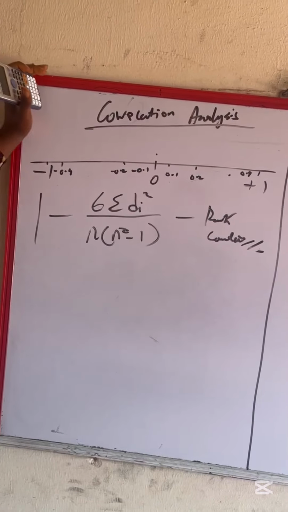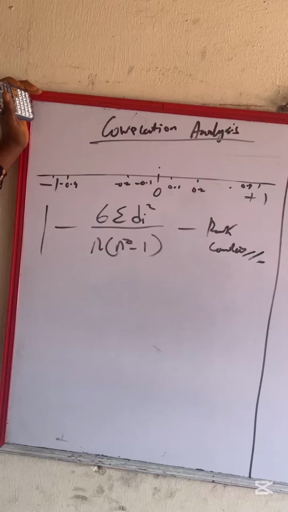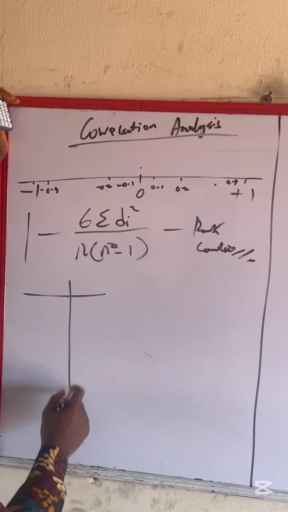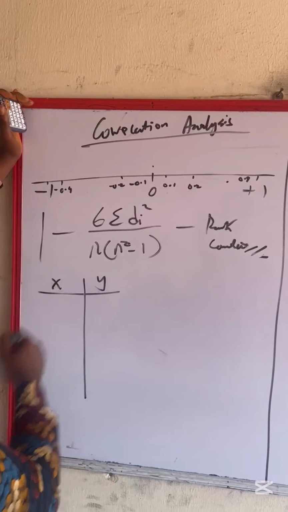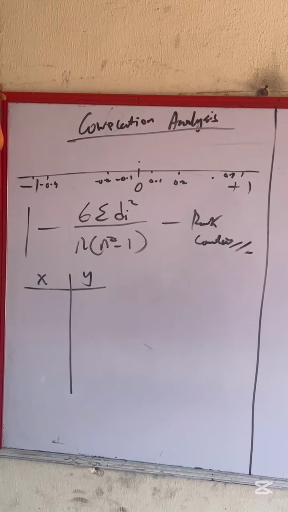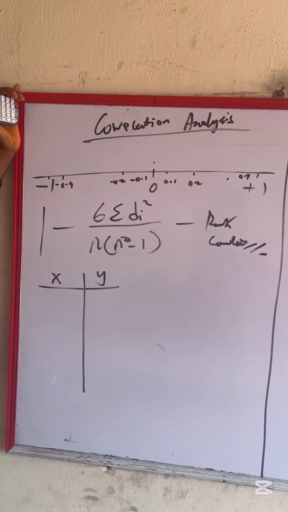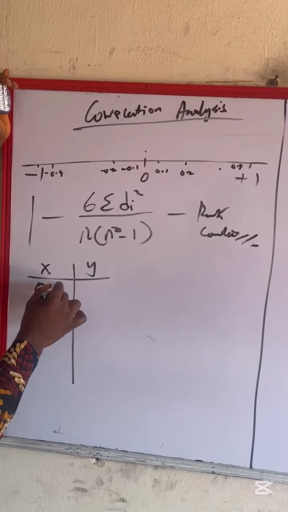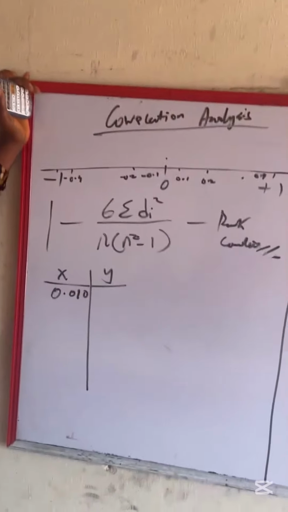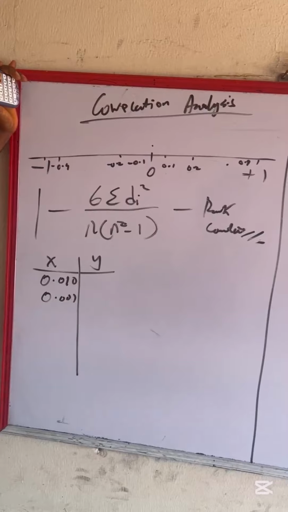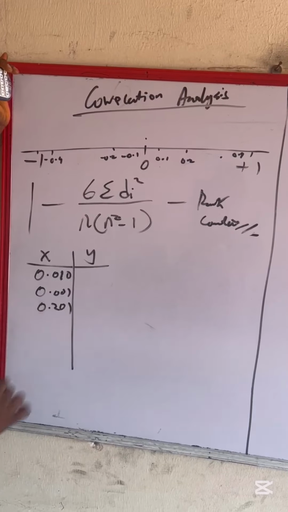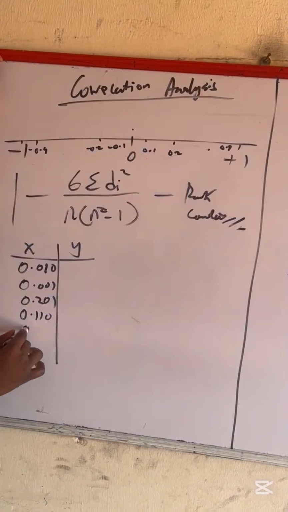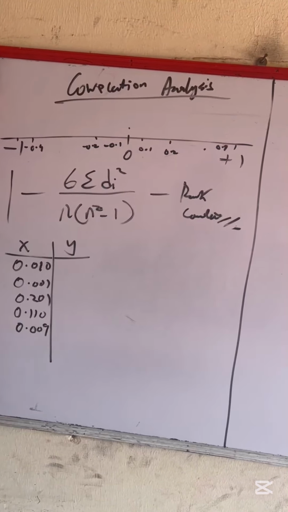All right. So let's just take a question, which is not our regular question. We have two variables, say x and y, and you are asked to rank them. Maybe x, we have 0.010, 0.001, 0.201, 0.110, 0.009.